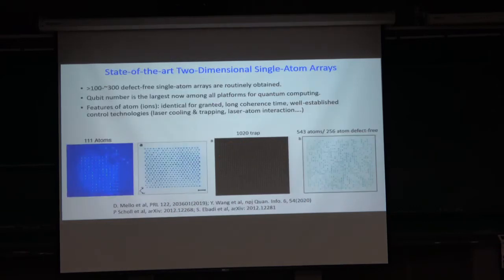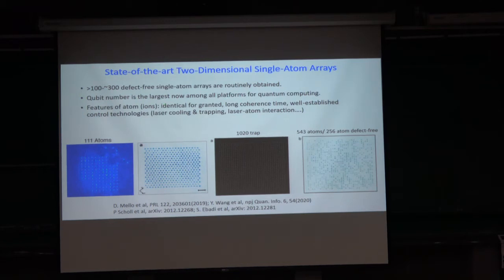Okay, and so right now, a few groups can trap about 100 to 300 defect-free single atom arrays. And because with atoms you can choose any two different states to form a qubit, you can say right now this kind of platform can have the largest qubit number among all the platforms.